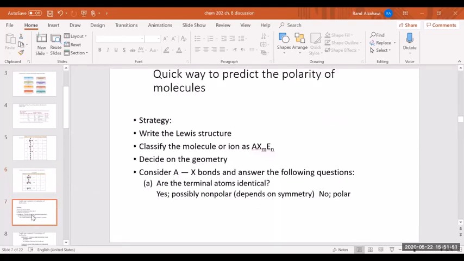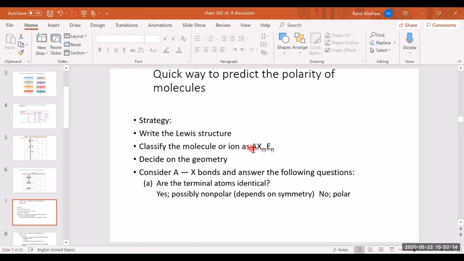Okay, now a quick way to predict the polarity also. It's working most of the time, but not always. Be careful with it, guys. I just try to give you something that will help you quickly predict the polarity of the molecule. So first of all, you need to write down the Lewis structure.